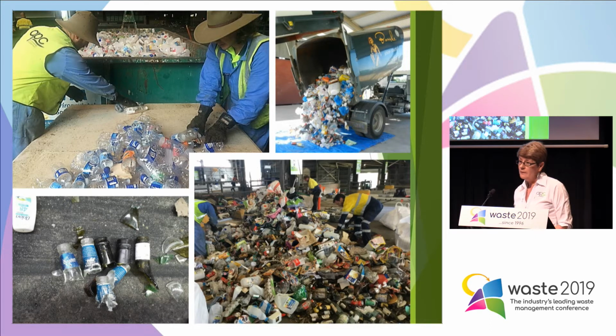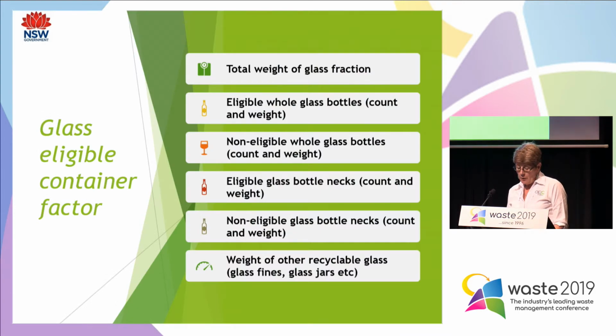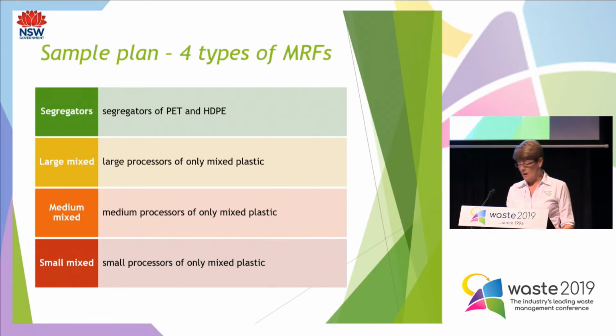And we count everything else as well to cross-correlate with the MRF data. So for glass, we have the total weight of all of the glass. We then have the count and weight of the whole bottles, the count and weight of the bottle necks, and then we have all the glass fines and the other material. And we just repeat that process every time.